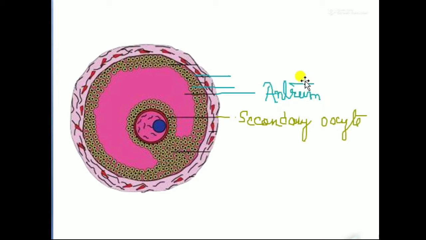That means the oocyte is surrounded by a huge number of cells and makes a cavity. This cavity is known as the antrum, and the fluid present within the cavity is known as liquor folliculi. This portion is liquor folliculi.